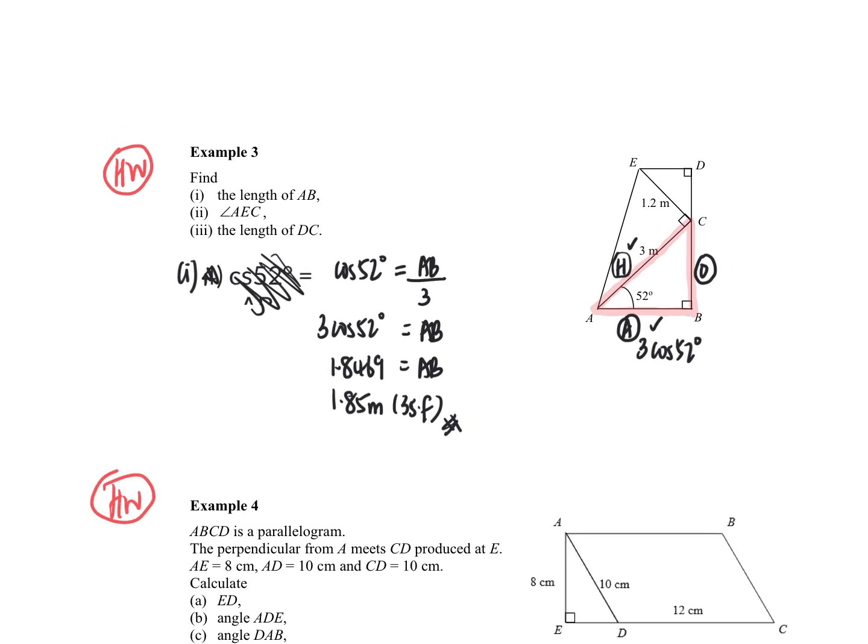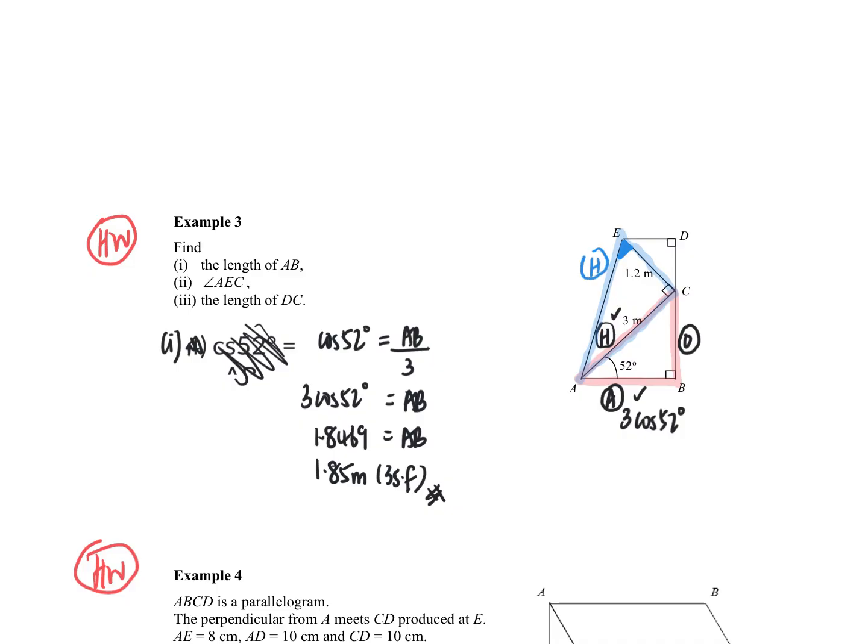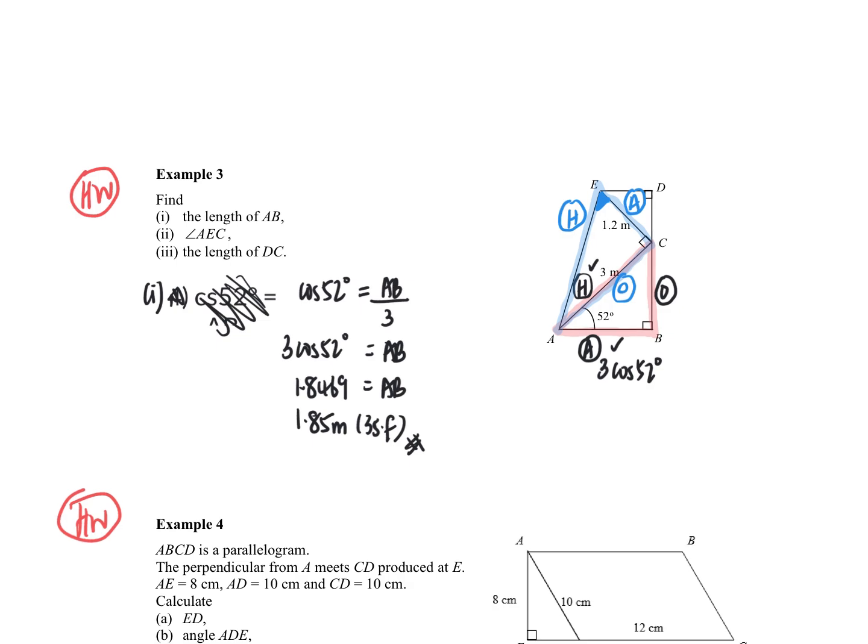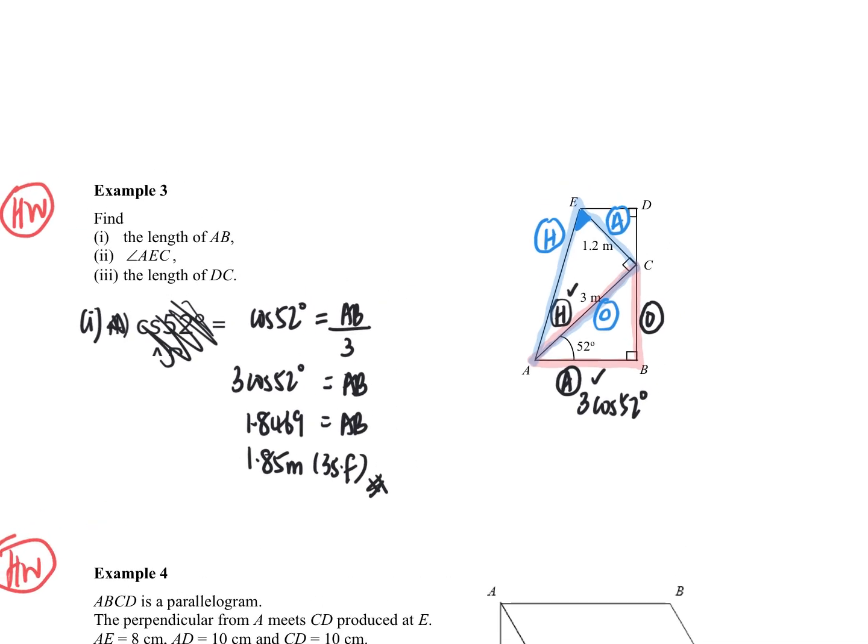I want to find the angle AEC. This one. So when I zoom into the triangle, I zoom into the triangle that has that angle. So it will be this right angle triangle that I'm looking at. So again, identify your H, A, O. It will always be the hypotenuse first, which is this one. Okay, the adjacent side. And then finally your opposite. So I have A, I have O. I want to find the angle. Which ratio should I use?